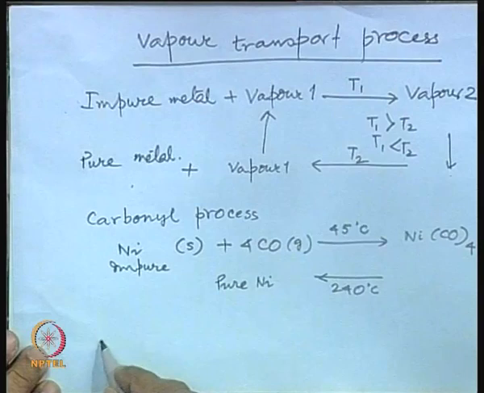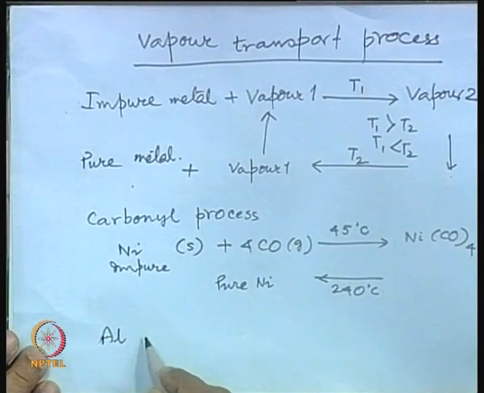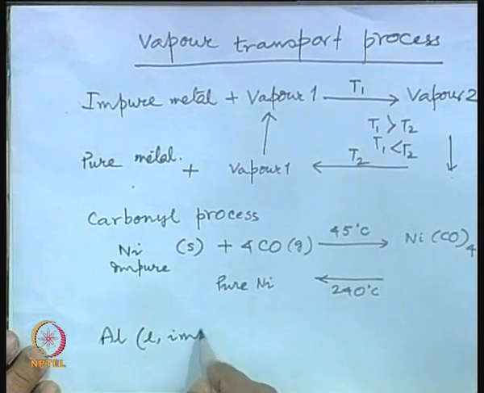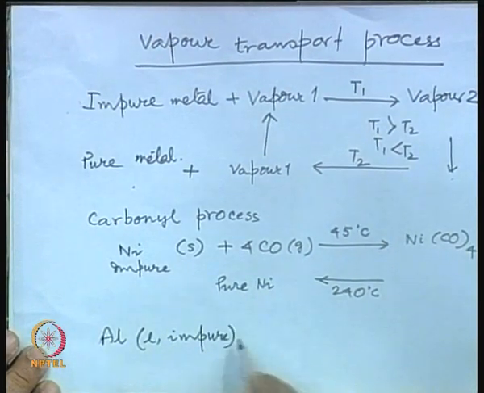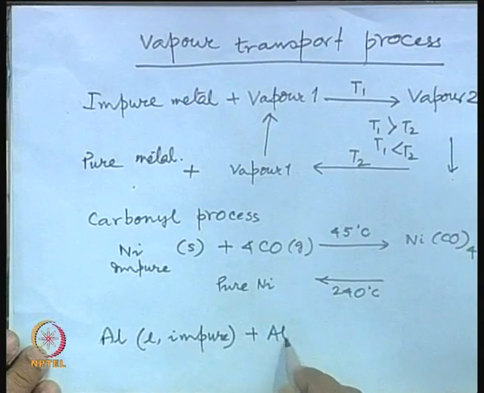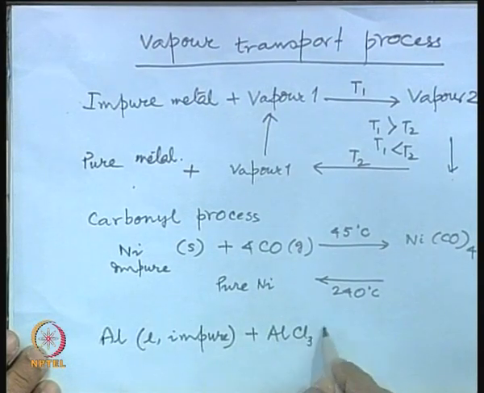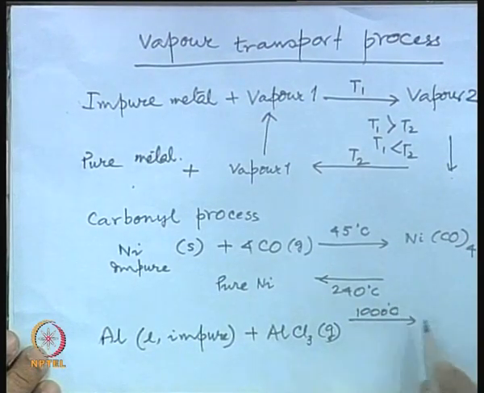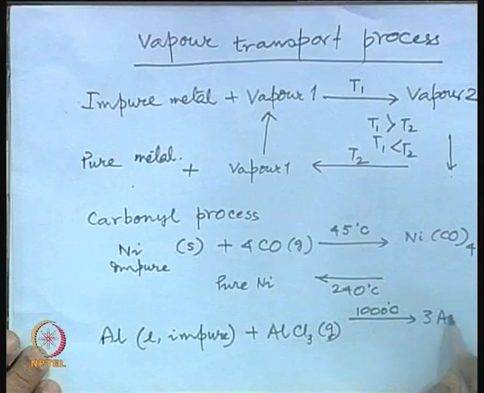A similar reaction is applied in the case of aluminum, liquid impure. One can react with aluminum tetrachloride gas to form, at 1000 degrees, aluminum monochloride gas.